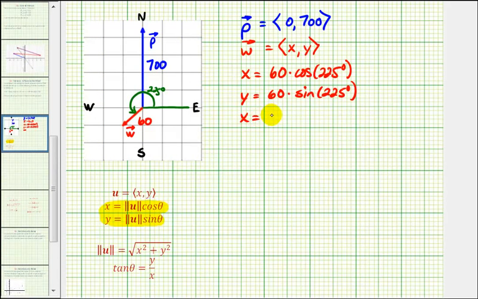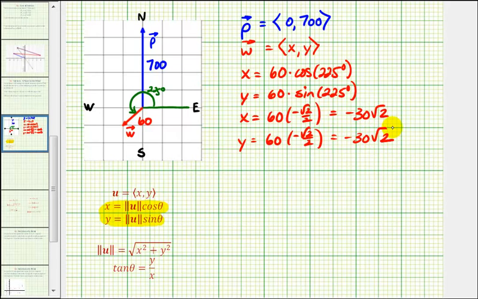So we have x equals 60 times negative square root 2 over 2, and same thing for y. So both of these simplify to negative 30 square root 2. So vector w in component form would be negative 30 square root 2, comma, negative 30 square root 2.